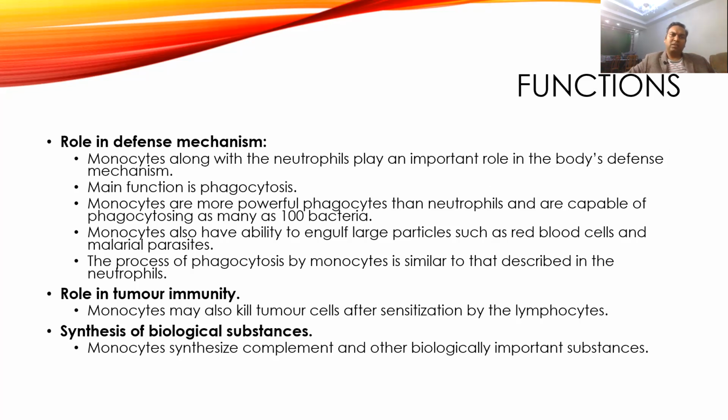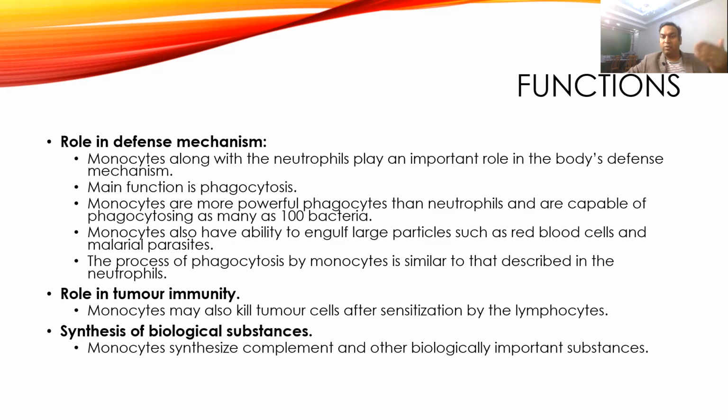The functions: they form the first defense mechanism of the body, and along with the neutrophils, they form very important phagocytosis. Monocytes or macrophages are more powerful phagocytes as compared to neutrophils, and they can phagocytose as many as 100 bacteria.